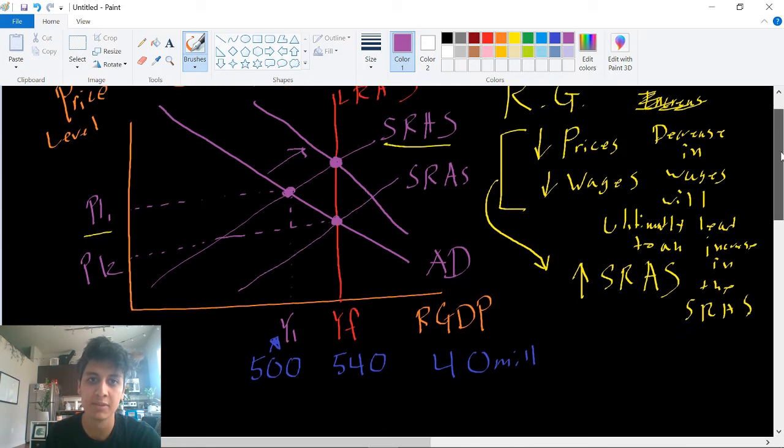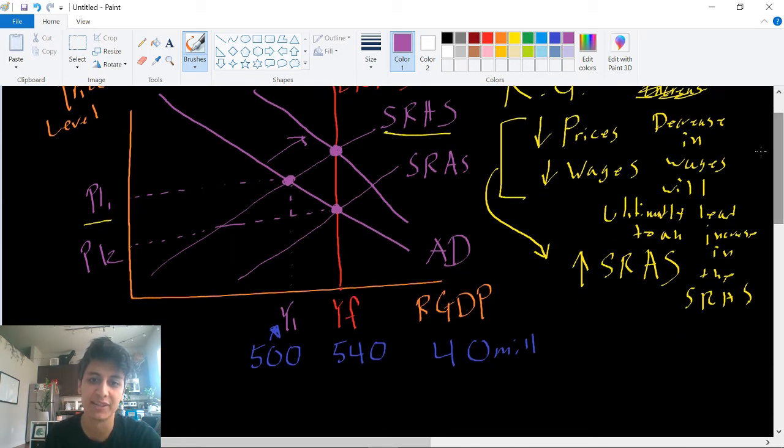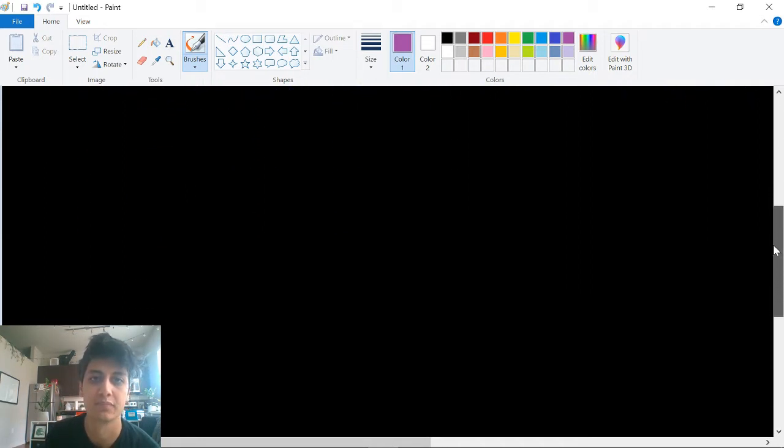Now, it may seem like the tempting answer: well, all the government has to do is spend 40 million, right? We have a 40 million output gap here. Let's just spend 40 million and then problem solved. However, we have a theory called the spending multiplier.